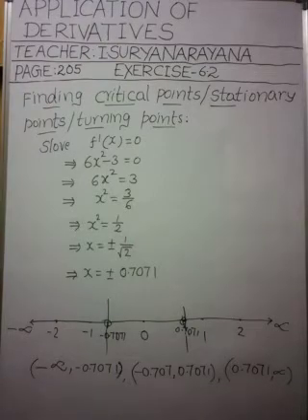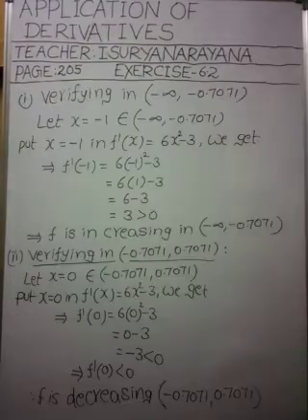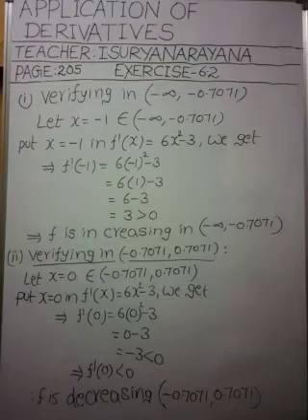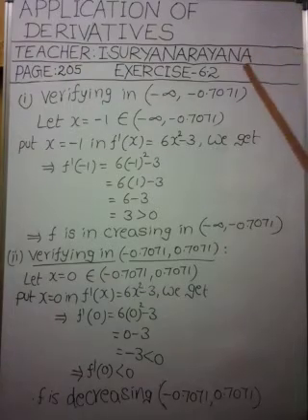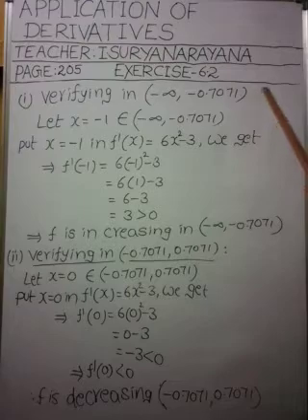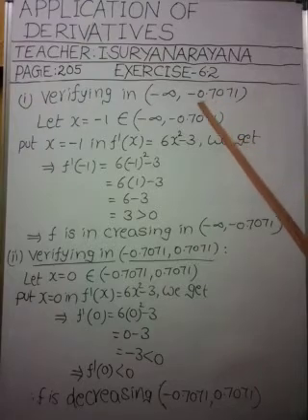If f dash of x is less than 0, then we say that the function is decreasing in that particular interval. Understood this point? So in each and every interval, let us find the behavior of the function, whether it is increasing or decreasing.